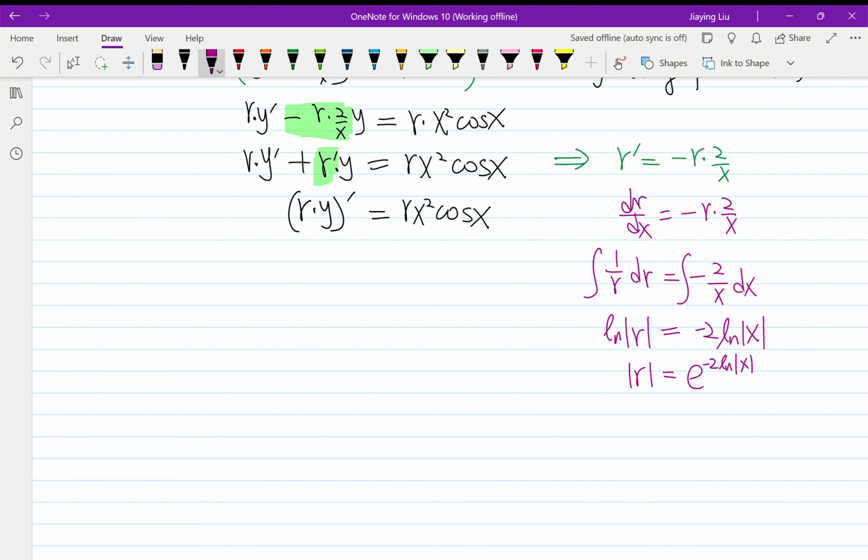So we can drop the absolute value on this side. So we get r equals e raised to the, this is what I'm going to do: I'm going to switch the order of negative 2 and the natural log, so I'm going to put negative 2 behind the natural log. So I have natural log absolute value of x times negative 2. Kind of just flip the order of the product.